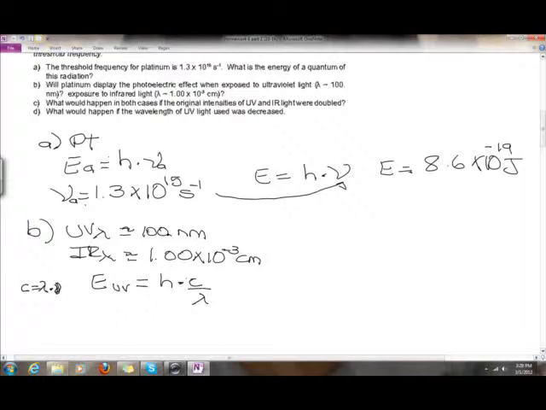The only thing you have to do first is to convert. Don't forget, 100 nanometers: it's 1 meter divided by 10 to the 9 nanometers. Nanometer and nanometer are gone, and it's going to be 1 by 10 to the minus 7 meter.